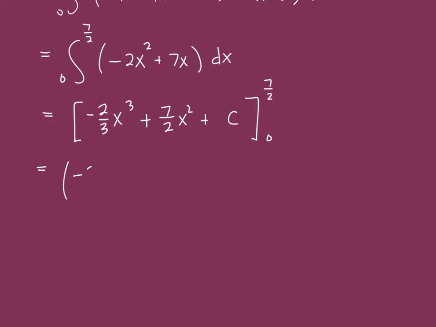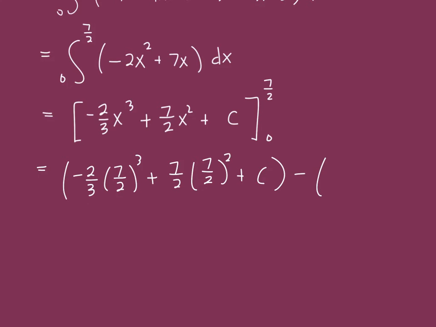So we'll have negative 2/3 times 7/2 cubed plus 7/2 times 7/2 squared plus c, and then minus all the zeros.